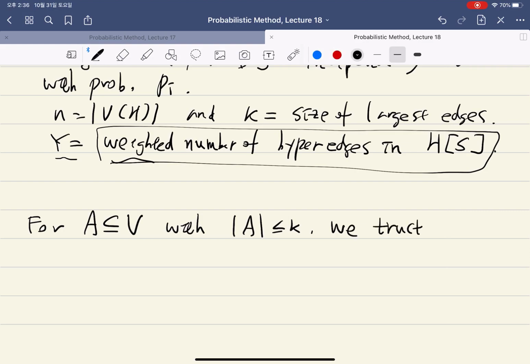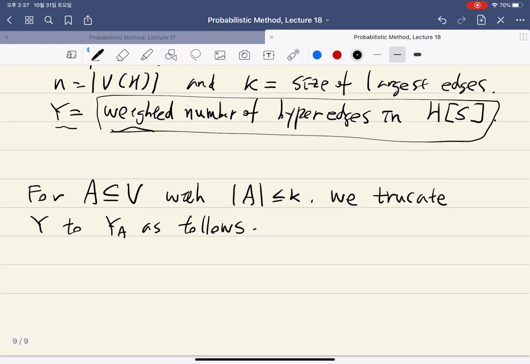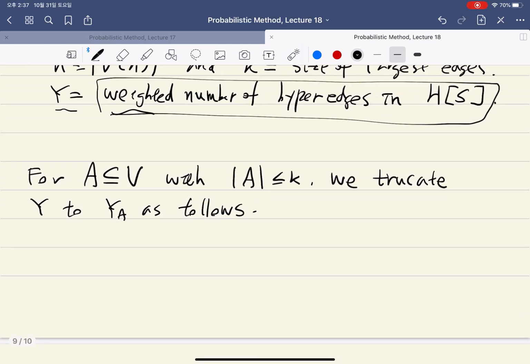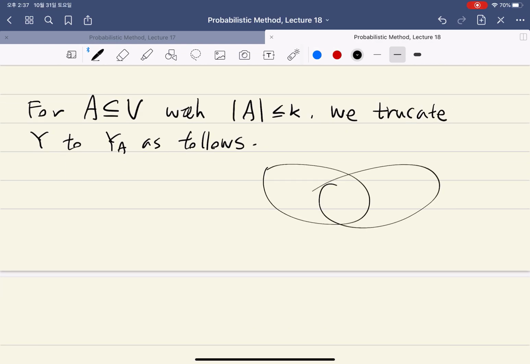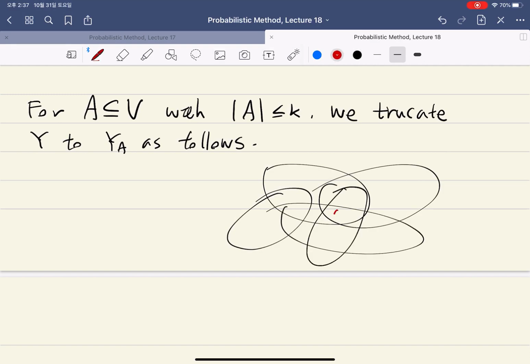This is in analogy with the link graph. So what we do is we have a hypergraph with the hyperedges. Let's say we have A here.